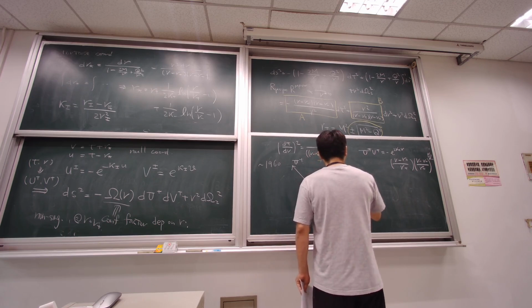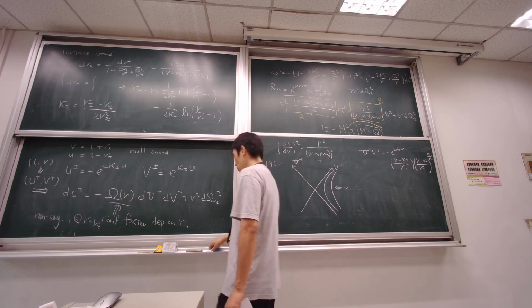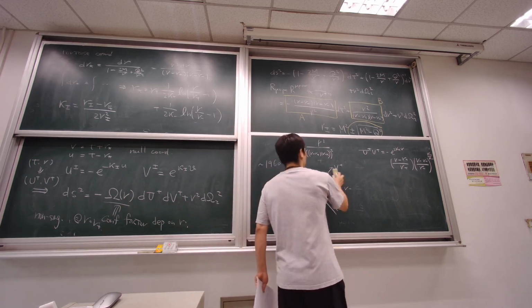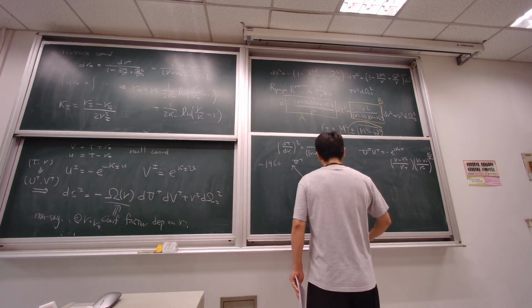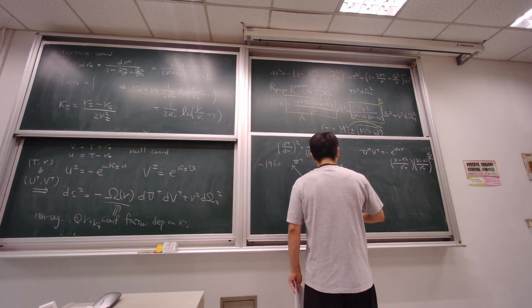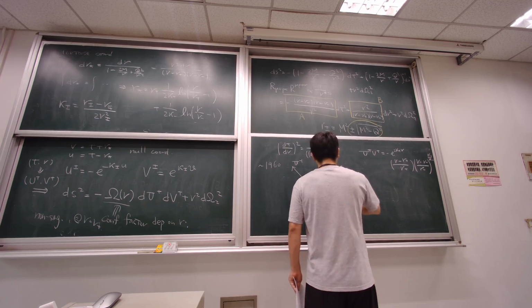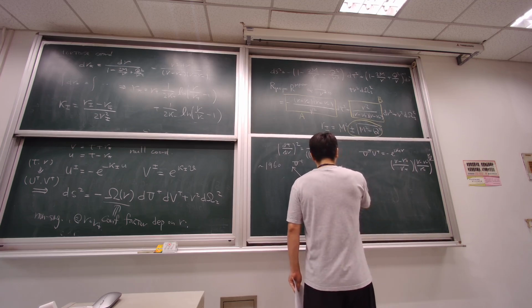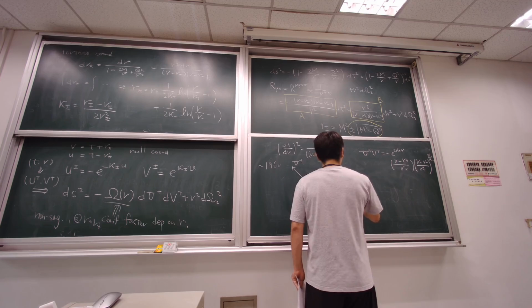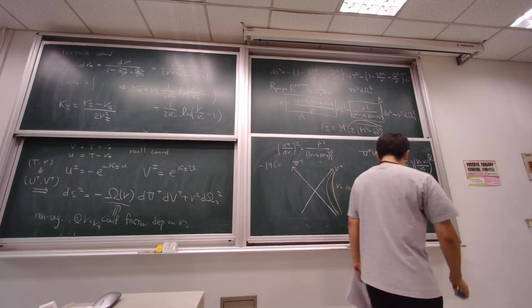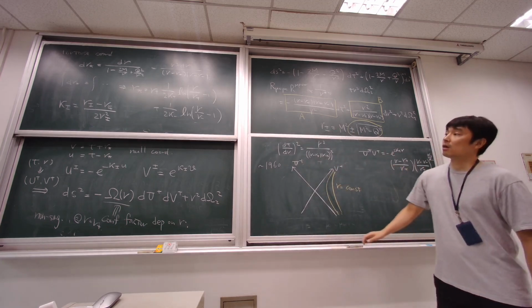This is R equal to constant. Maybe it's better to use the yellow line. So this is like this way. My drawing, sorry. So these are the R equal to constant lines. Fine.